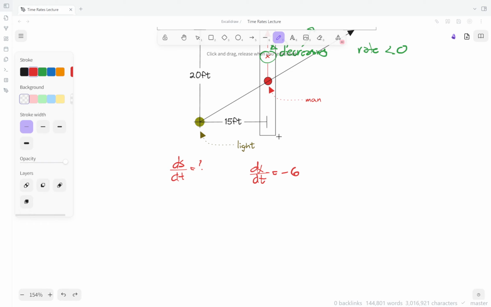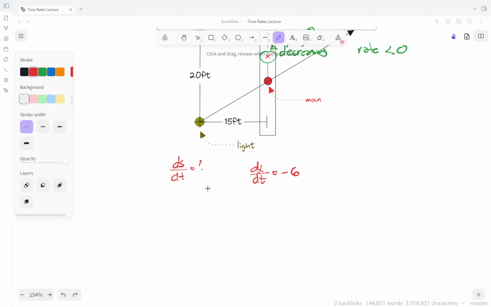So you have negative 6. That's a decreasing value. I apologize for that, it's not intentional. Anyway, that's negative 6. Your dx/dt is decreasing, so you put a negative in front of it.